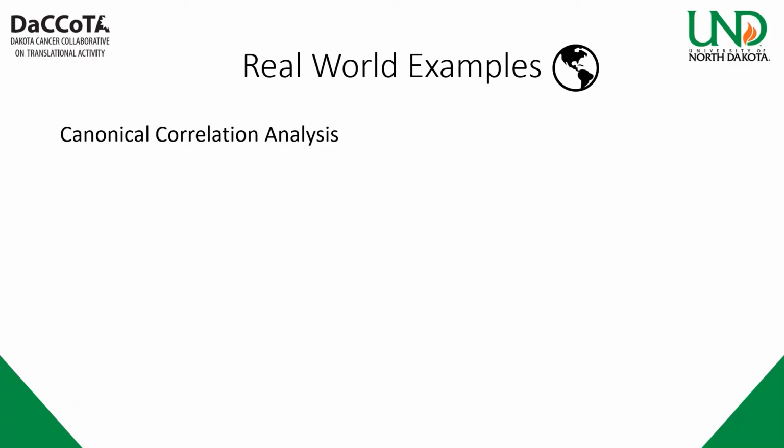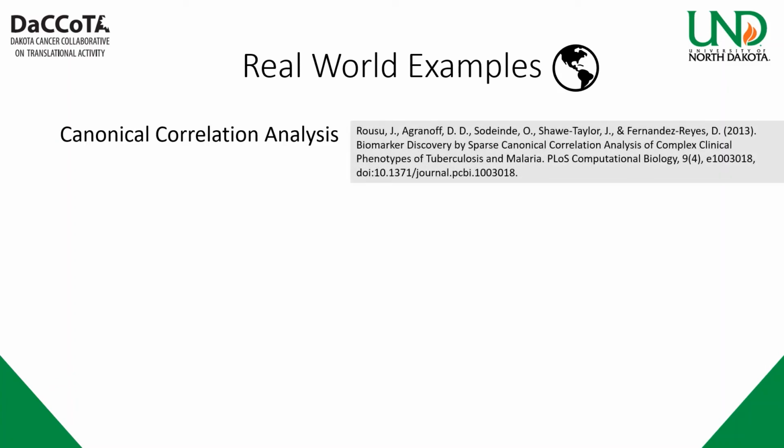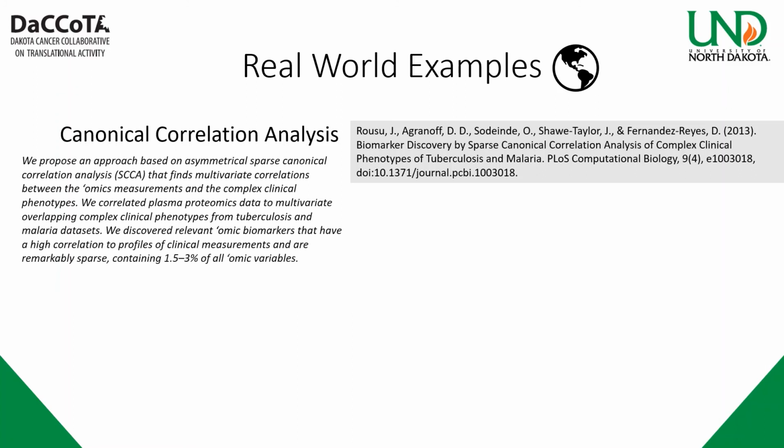So we have canonical correlation analysis. Again, like I did for module 2, these are mostly from PLOS ONE because I could look at the methods. This looks at omics measurements and clinical phenotypes. That's the U and that's the V matrix.